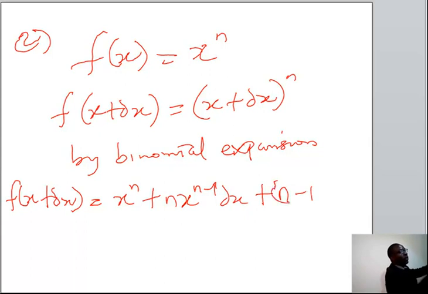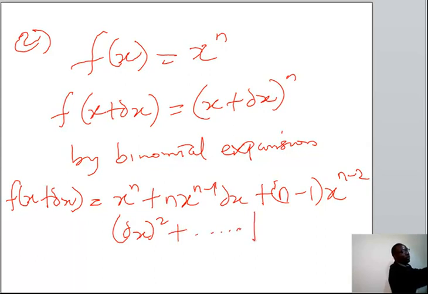n times n minus 1 x raised to power n minus 2, the continuation, dx square plus, till like that till you get to your dx to the power n.